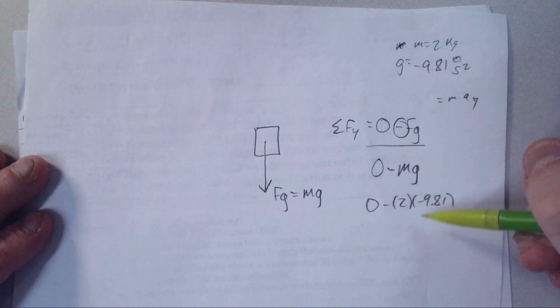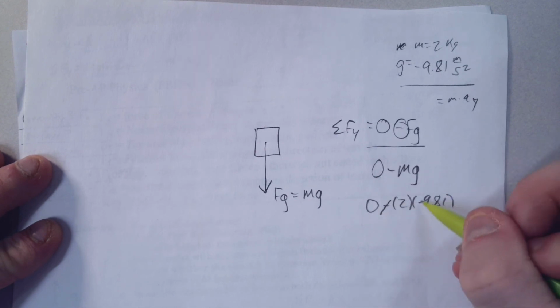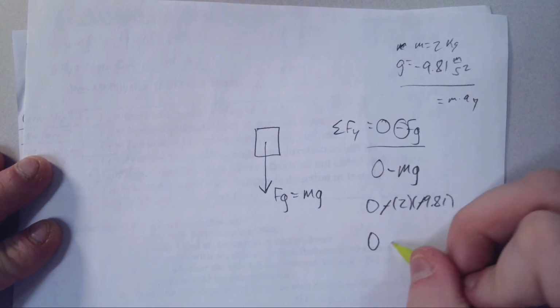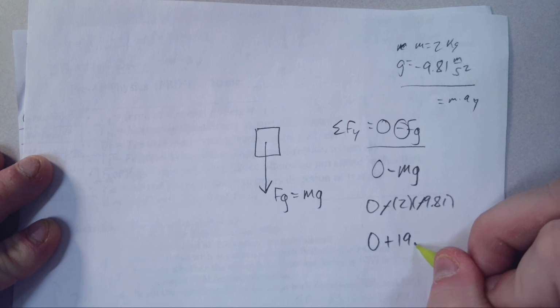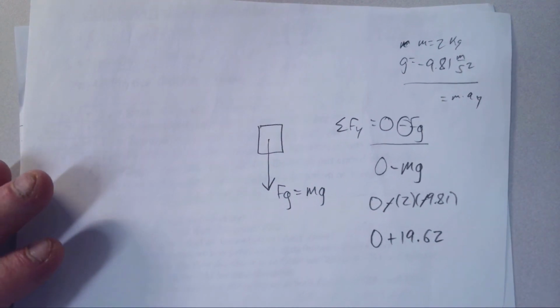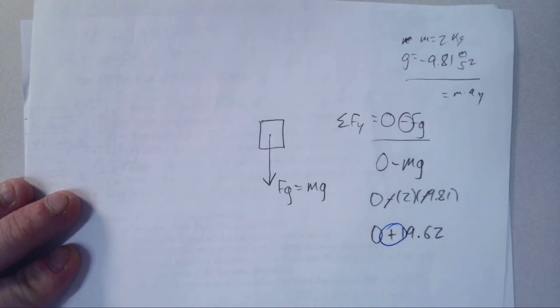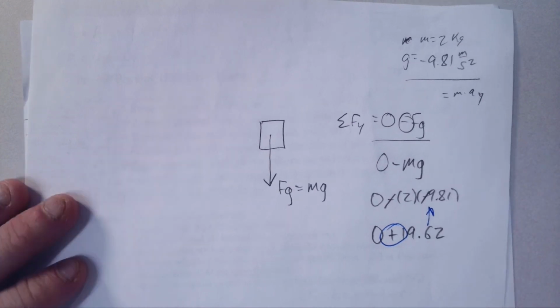Now, if we carry this through, we get 0 minus 2 times negative 9.81. Those two cancel out, and we get 0 plus 19.62. That doesn't make any sense, because if you saw this positive in your work, it would mean that your force of gravity somehow is going up.